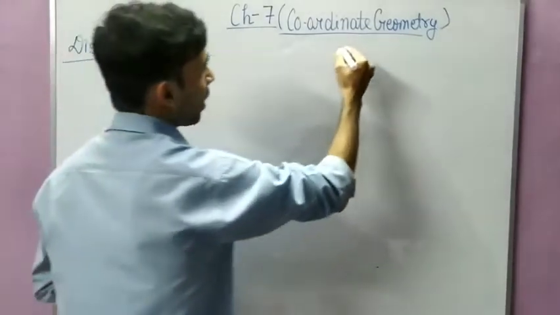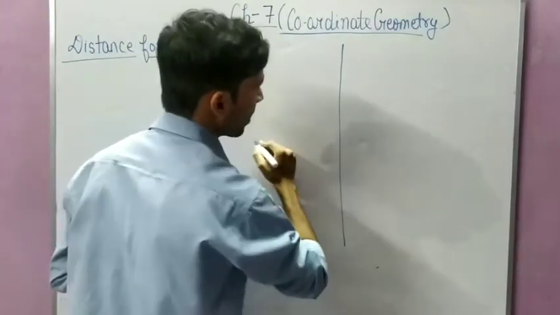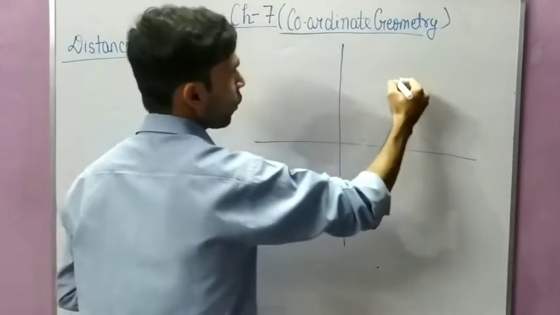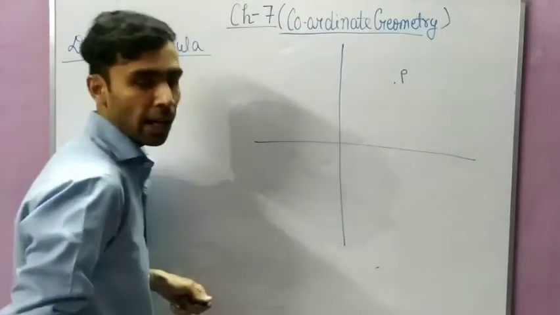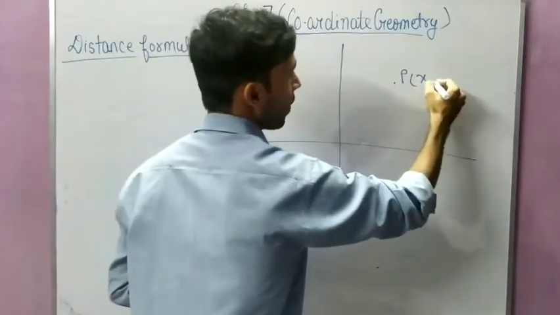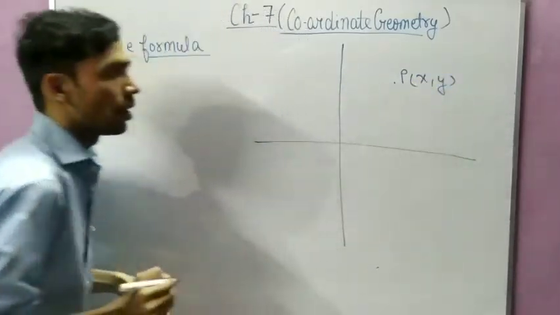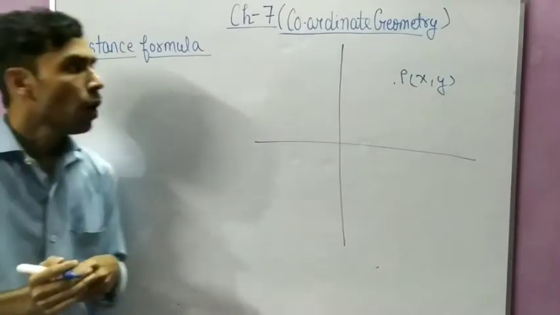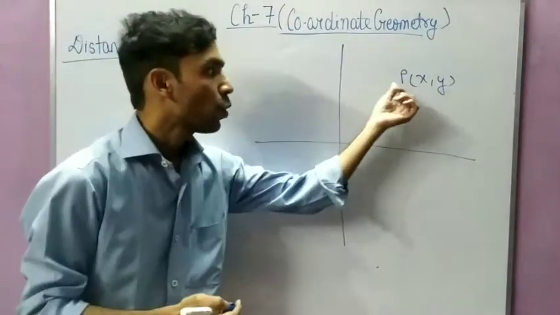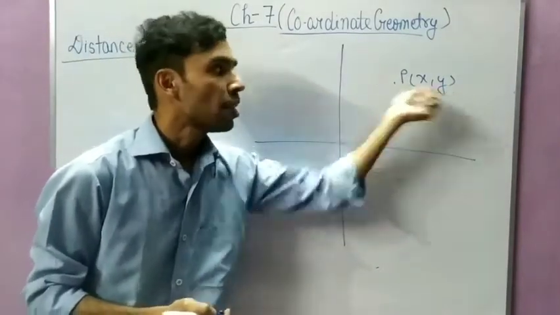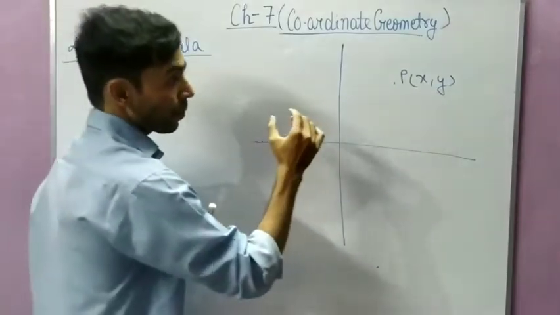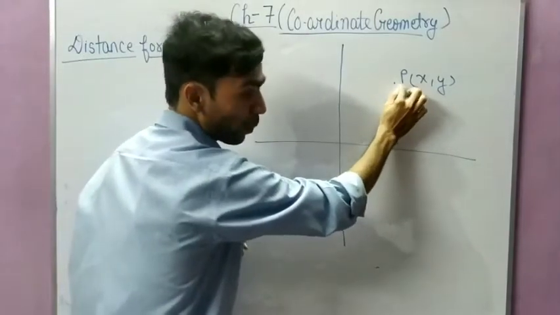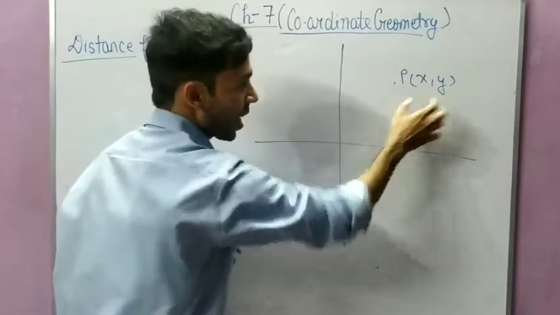Suppose I have drawn a coordinate axis, and this is the point P, and its coordinate is x comma y.